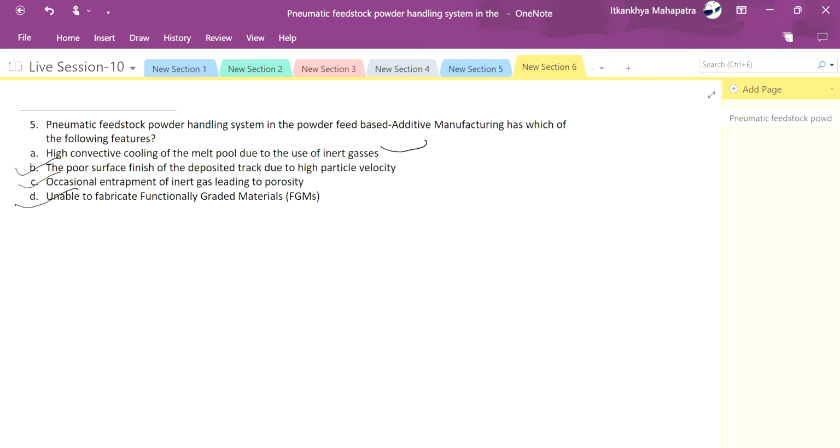Now why is the need of the non-pneumatic? There is also a comparison between the pneumatic and non-pneumatic powder delivery nozzles.